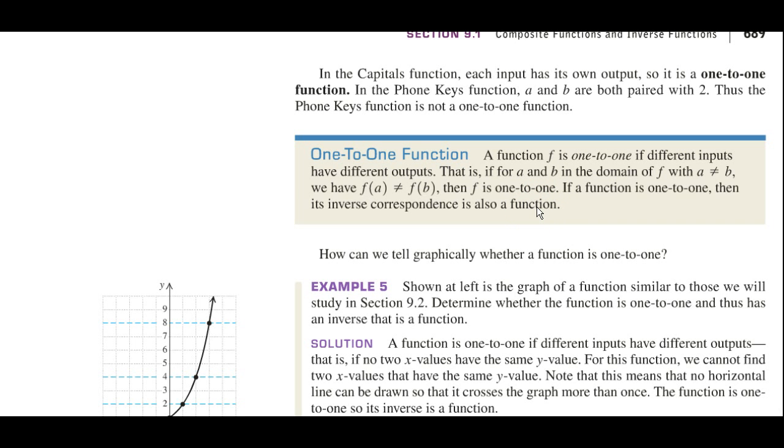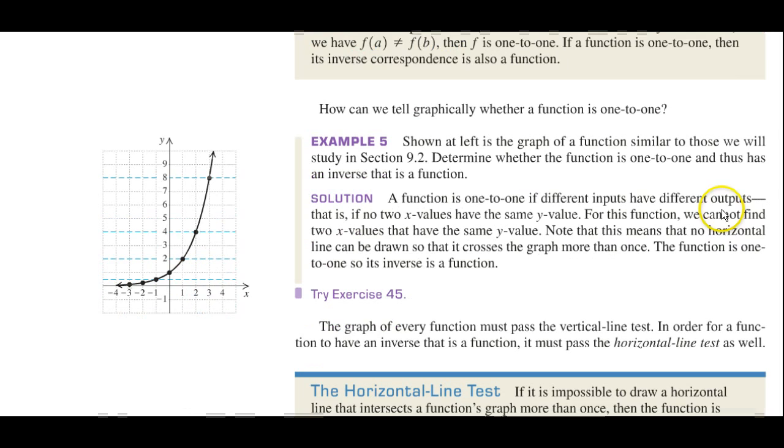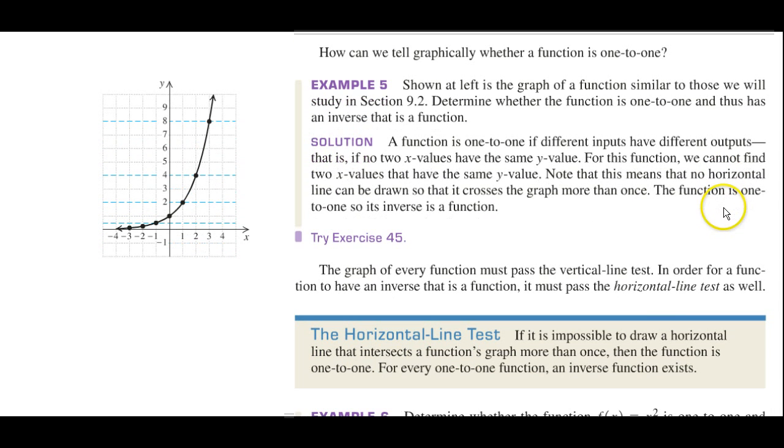How can we tell graphically whether a function is one-to-one? Well, let's look at this graph here, for example 5. Here we see sort of a curve. It looks like maybe half of a parabola. Now, is this line a function?